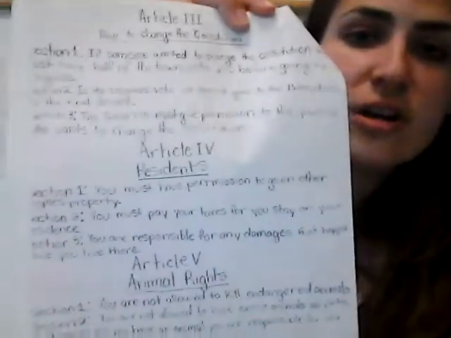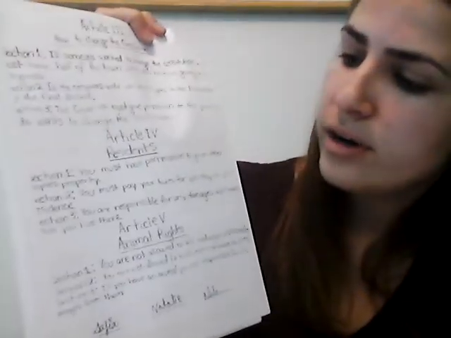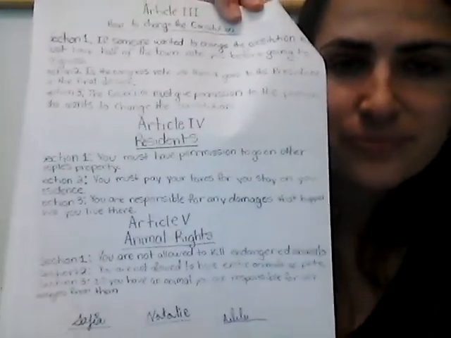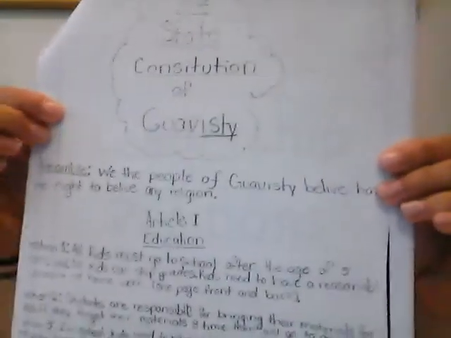Their Article 3 is how to change the Constitution. Article 4 is about its residents, and Article 5 is about animal rights. Again, you will have 5 articles or categories in your Constitution, along with 3 sections or laws under each article. Alrighty, so that covers the Constitution aspect of this project.